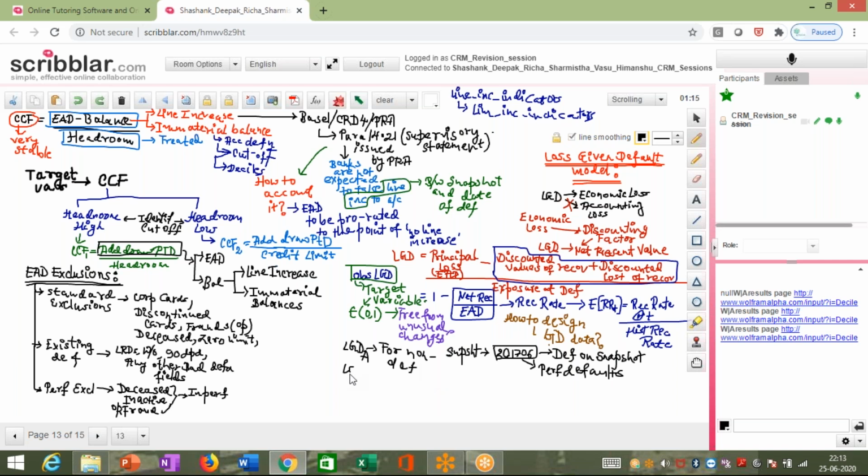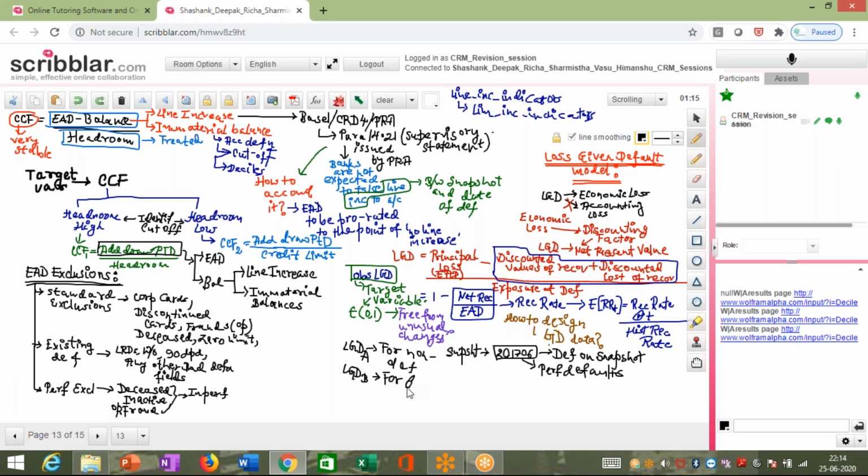And the second will be LGDB for defaults, or accounts for defaults. So we are going to build these two type models.